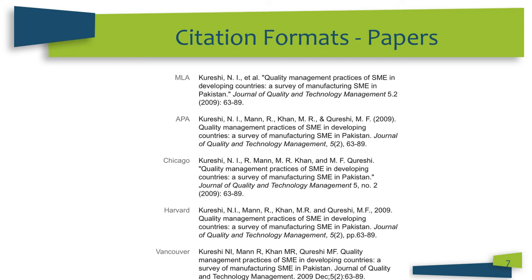Then you write the title of their publication in inverted commas, ending at a full stop. Then you write the name of the journal, its issue, the year it was published, and the pages of the journal on which this particular paper was published. This is MLA style.